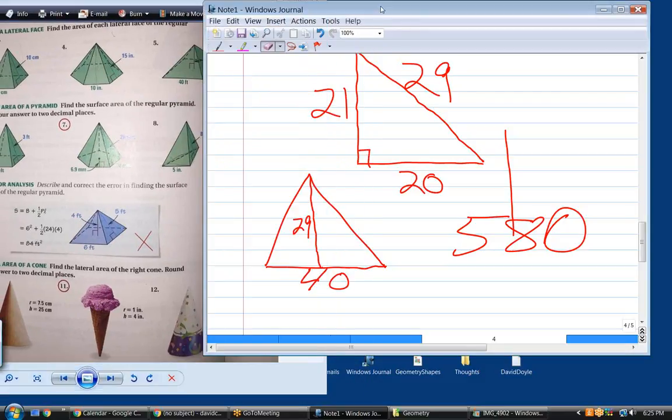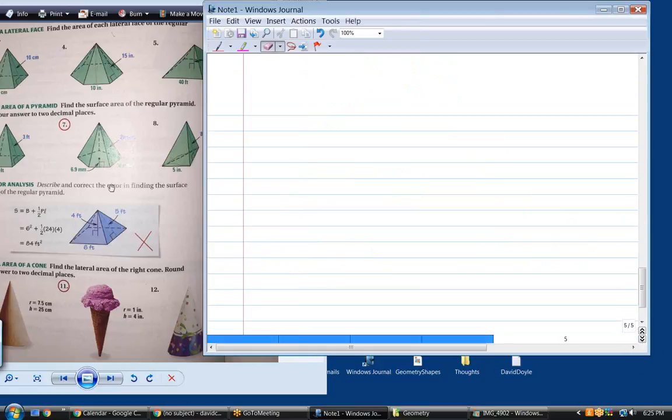Because for 7, we've got to figure out... They do give us lambda, and they give us the apothem of that pentagram. So they want the surface area of the pyramid. What's the formula for surface area?